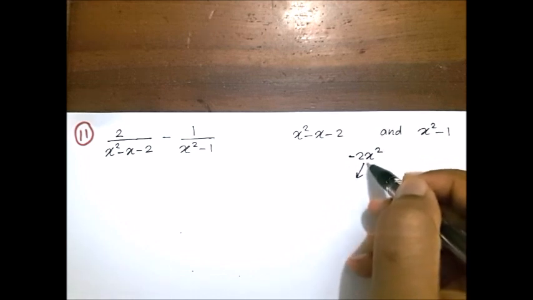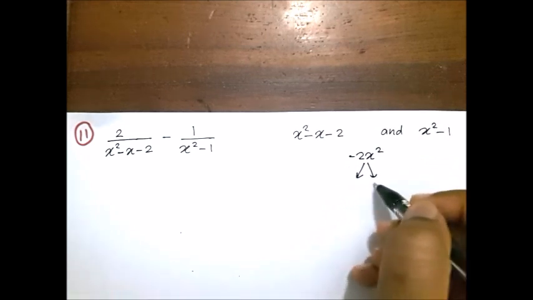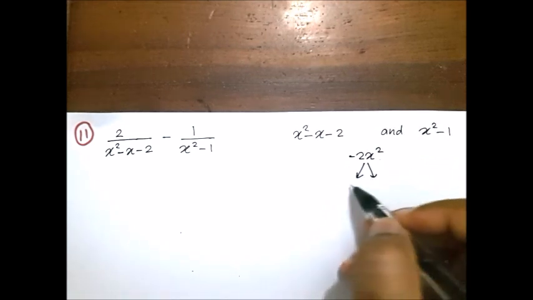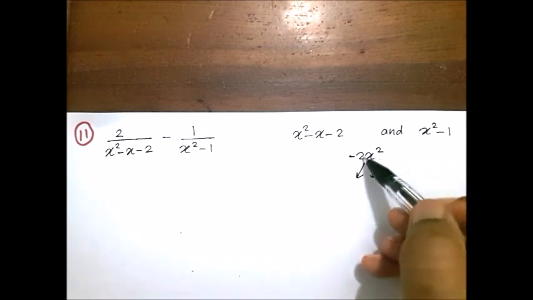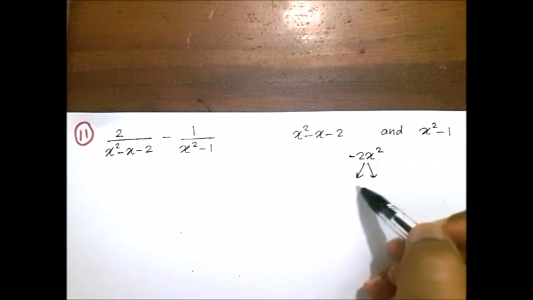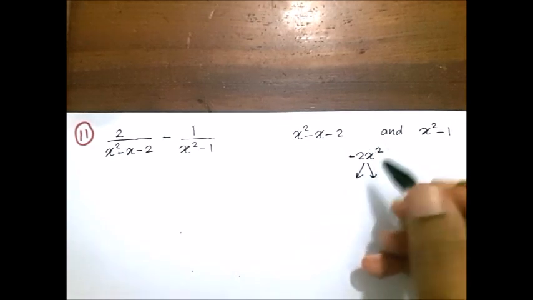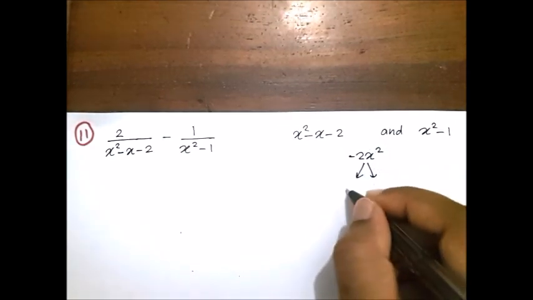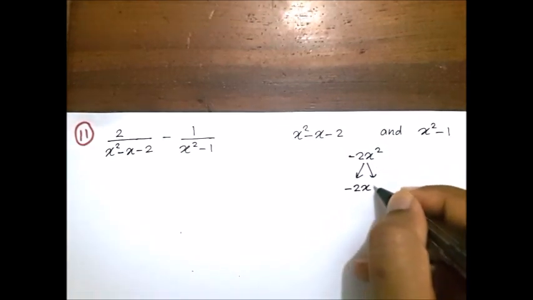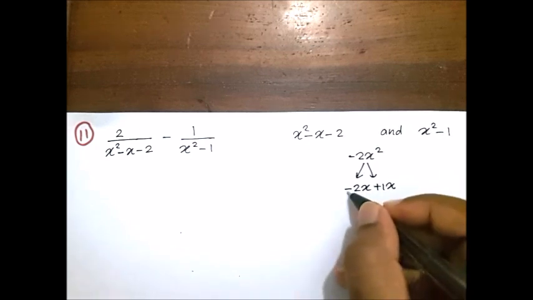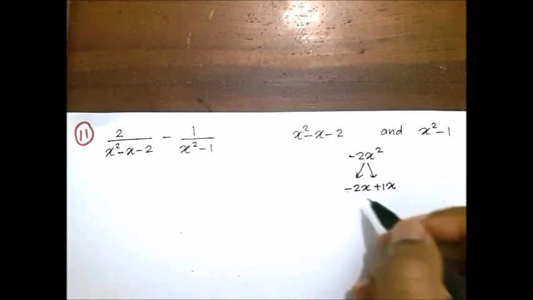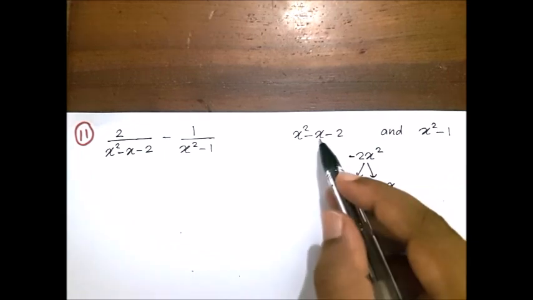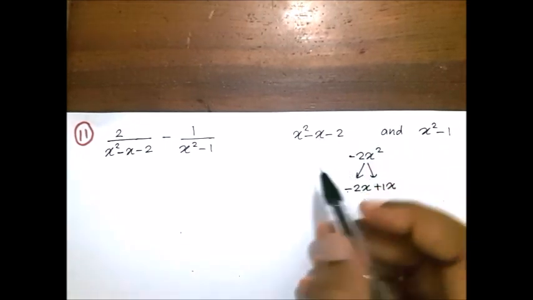Then write this as a pair of two terms. When you multiply these two terms, it should be equal to this one. When you add these two terms, it should be equal to this one. The two terms are minus 2x and plus 1x. Minus multiplied by plus is minus. When you add these two, it is equal to minus 1x.